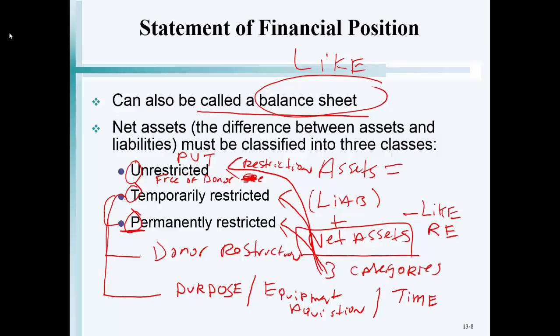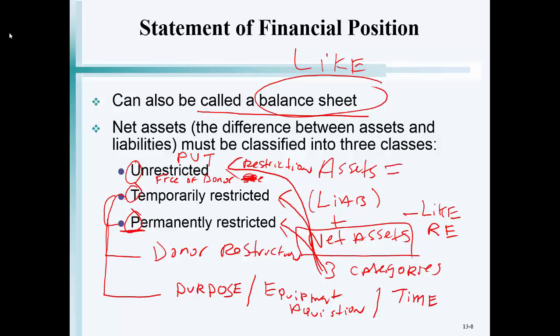The board of directors specified that that money is to be used for a preschool program. Is that money unrestricted, temporarily restricted, or permanently restricted at that point? That money is still unrestricted because, as we said, only donors can impose a restriction on that money.